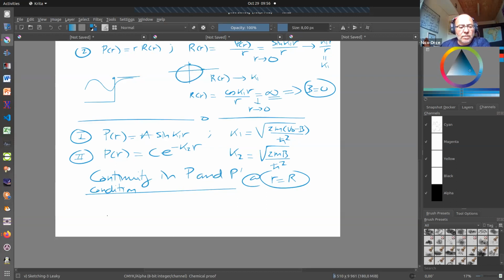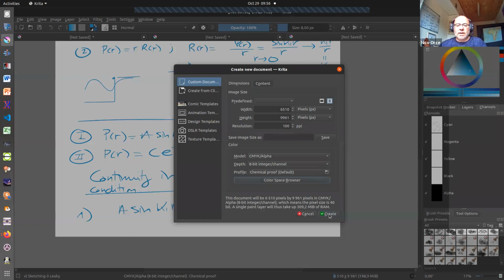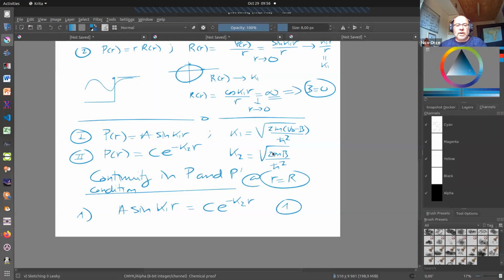So we already have one possibility, which is A sine of K1R equal to C e to the minus K2R. This is one of the equations that we're going to need. But now we can do the first derivative of these. Let me see if we can.